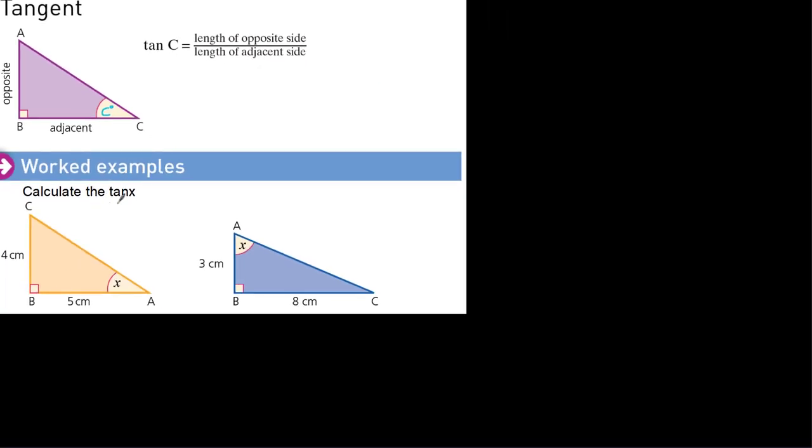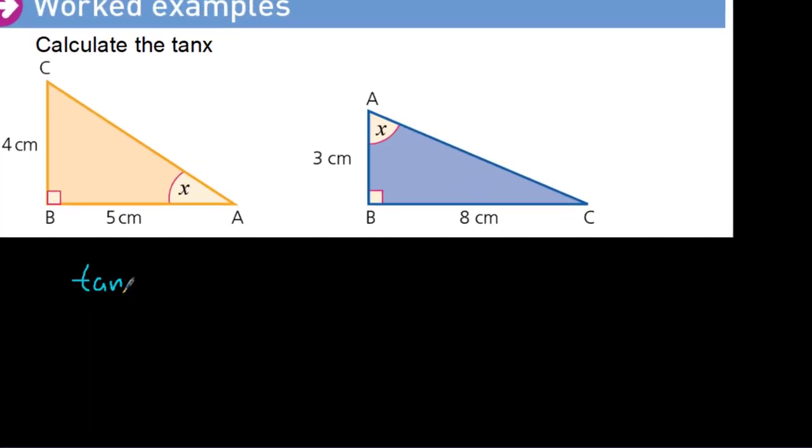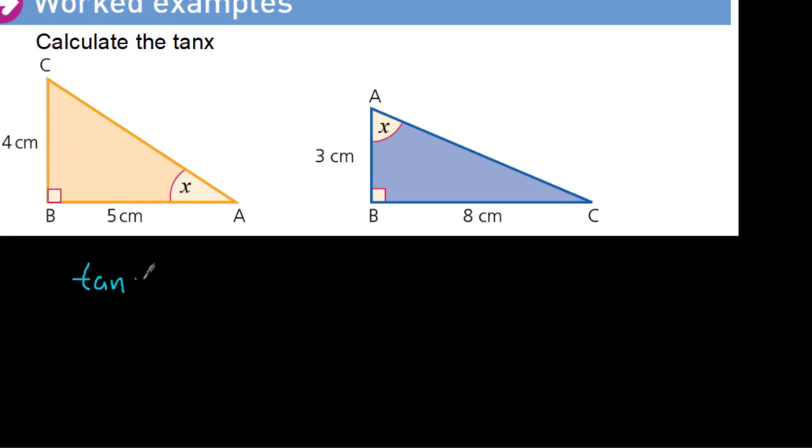Okay, if we calculate the tangent of x for the triangles here, for the first one, tangent x has to be the opposite of x divided by the adjacent of x.